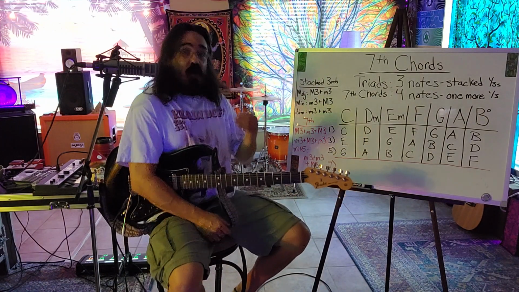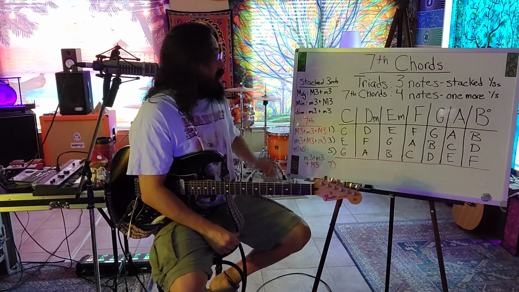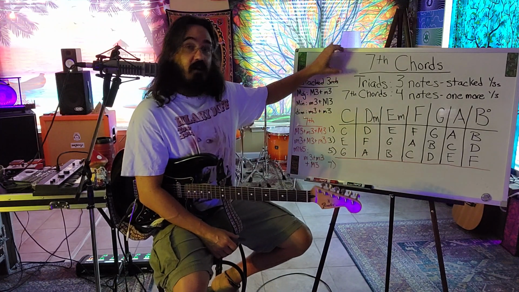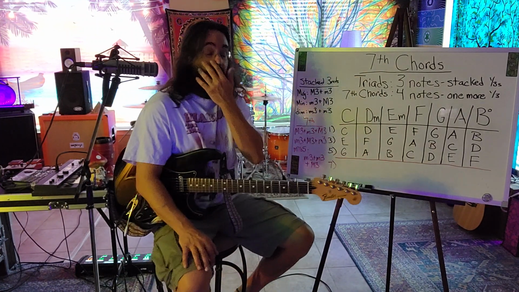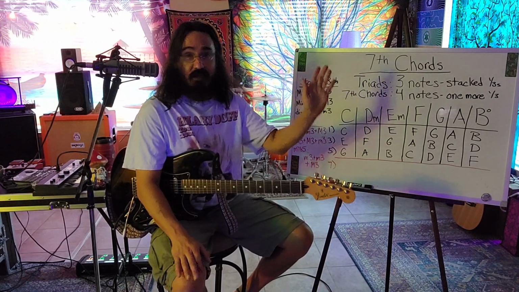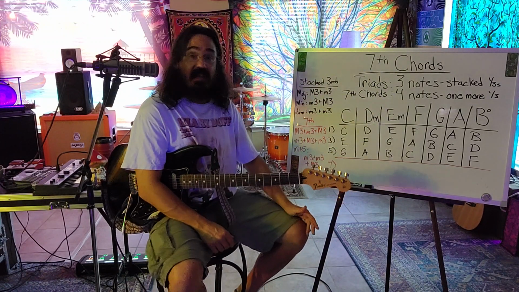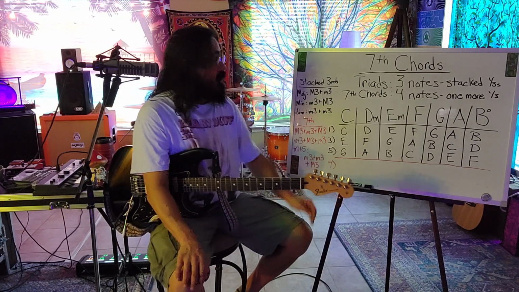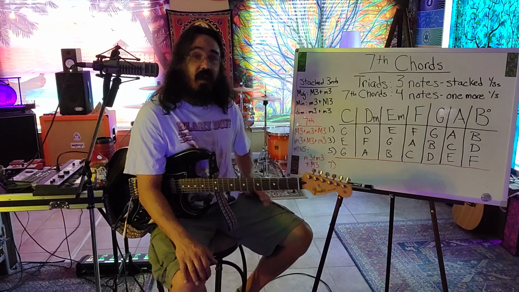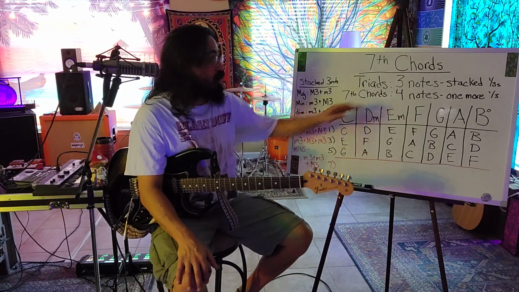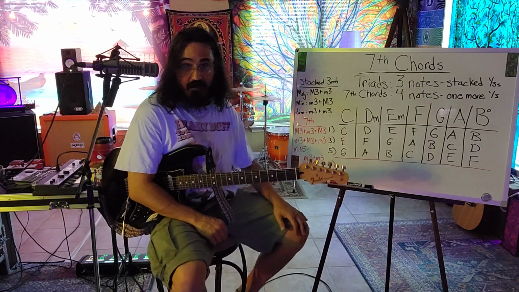All right. So what we're talking about today are what are called 7th chords. Widely used in all sorts of music. Basically all a 7th chord is, it's the stacking of another third on top of the first two stacked thirds.